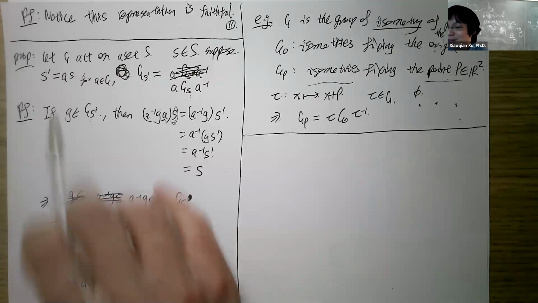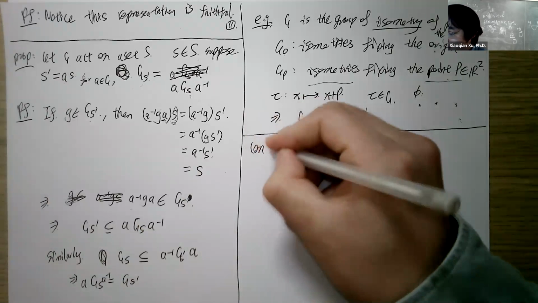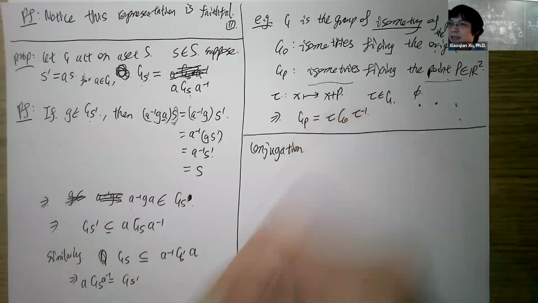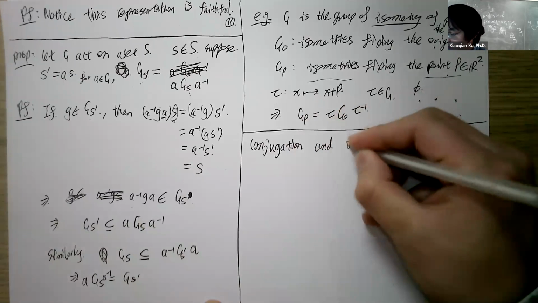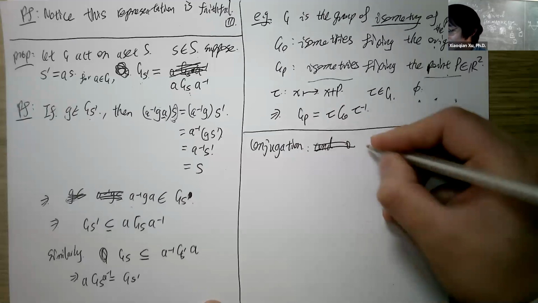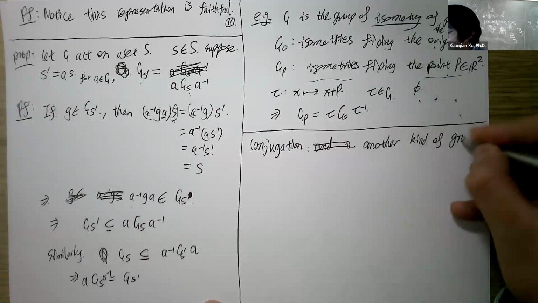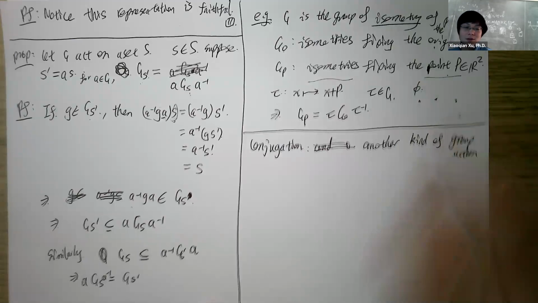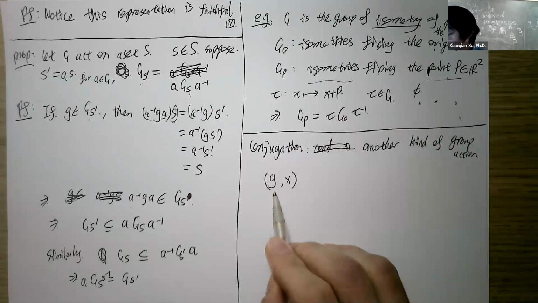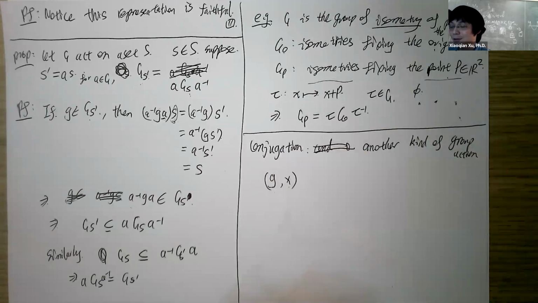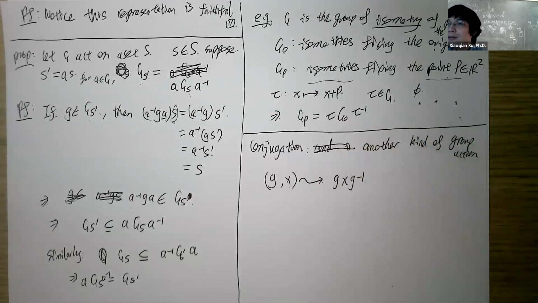Since we mentioned this, conjugation is very important. Let's discuss it when we discuss group actions. This is conjugacy, which can be seen as another kind of group action: you use an element g of the group on x in your set, and map it to g x g inverse.